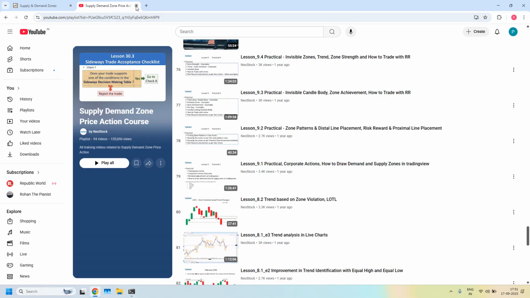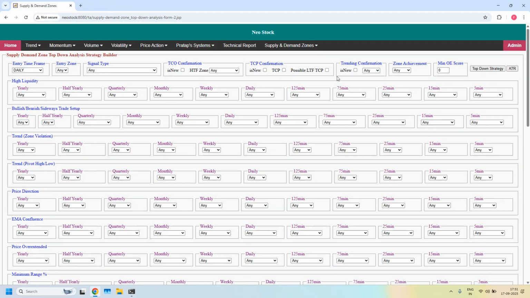Now I am getting into different reports generation with the help of NeoStock Software's Supply Demand Zone Top-Down Analysis Strategy Builder. First, I will be generating stocks near daily and 75 minutes time frames, demand and supply zones.